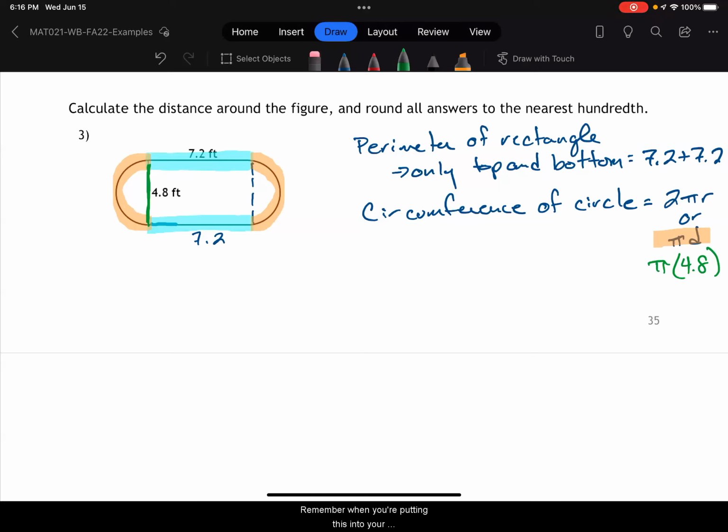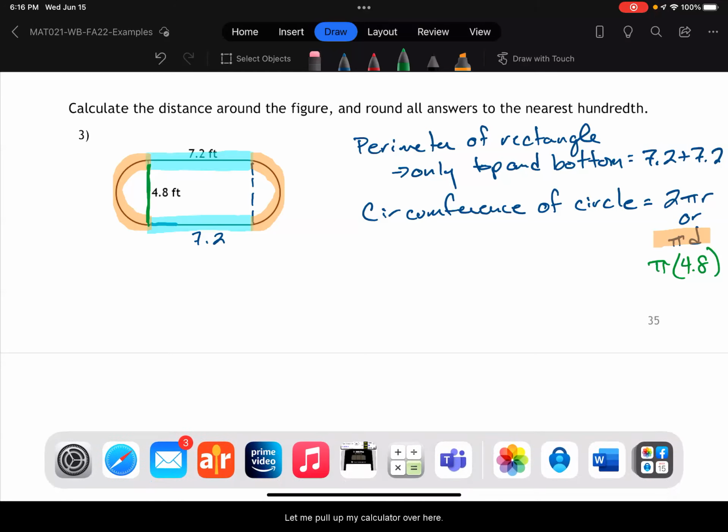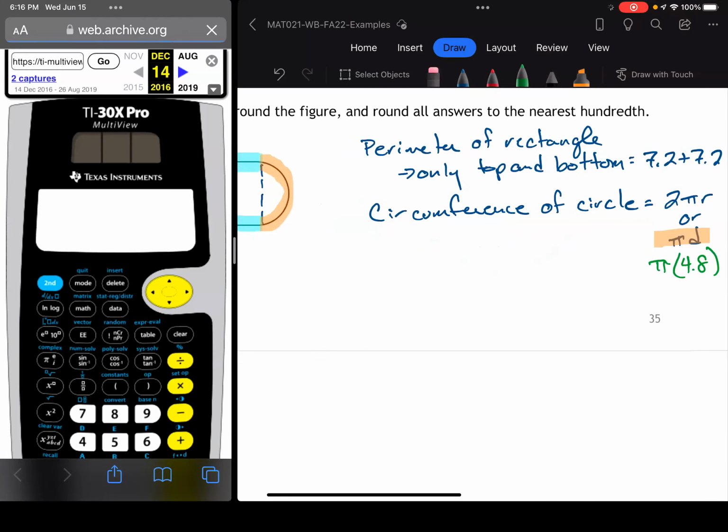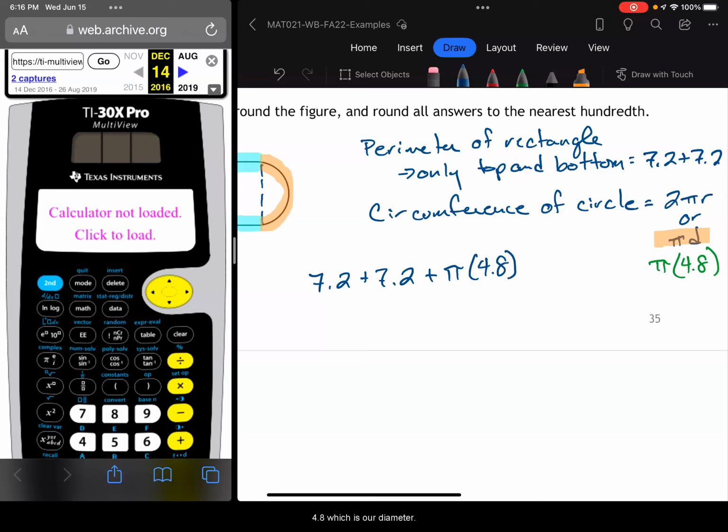Remember, when you're putting this into your calculator, you must use the pi button on your calculator. You cannot use 3.14. Let me pull up my calculator over here. I'm going to add together that 7.2 from the top and the other 7.2 from the bottom, plus the circumference of my circle, pi times 4.8, which is our diameter.